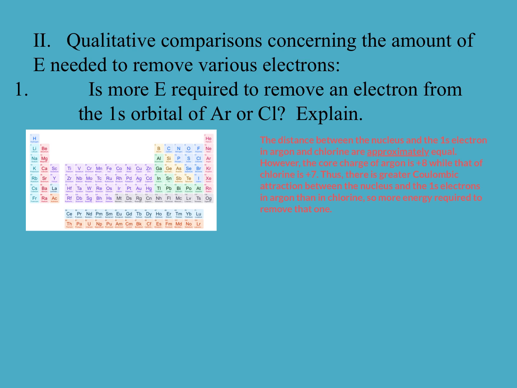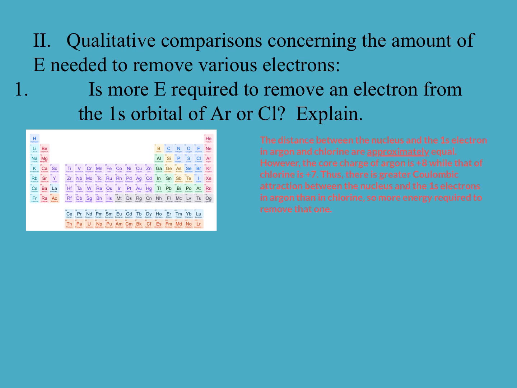The core charge of argon, due to the extra proton that it has, see, argon's located right here and chlorine's right here, is greater as a result. The core charge of argon is +8, chlorine is +7.